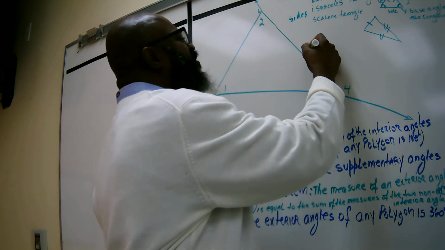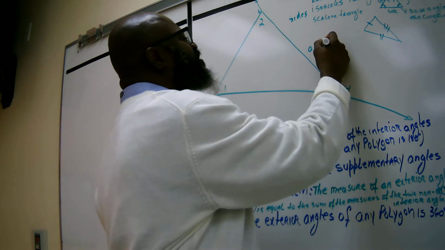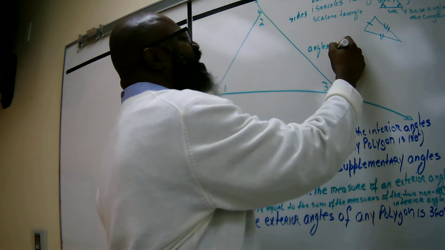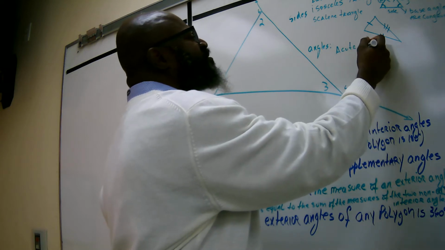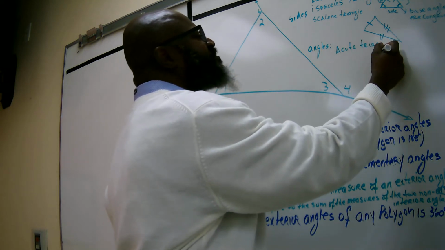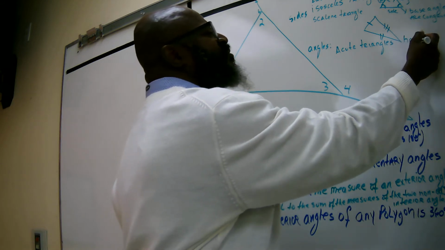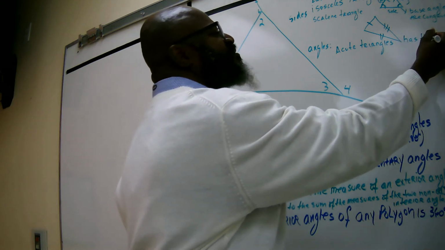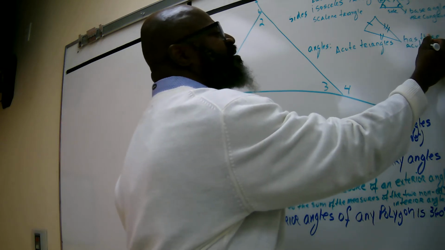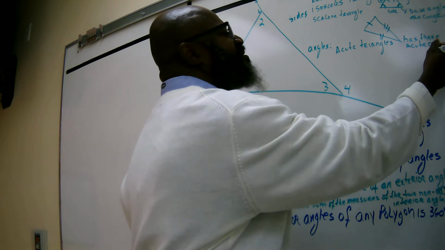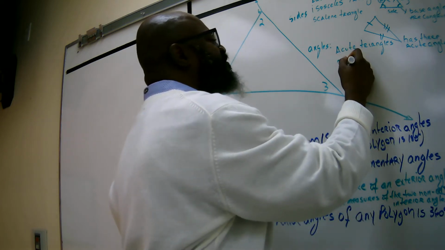And the other four triangles are according to angles. An acute triangle has three acute angles, three angles that are less than 90 degrees.